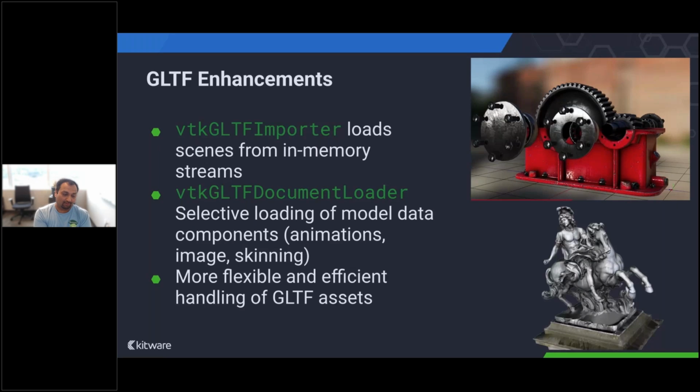You can directly load it from a memory stream, as well as you can now load parts of the data set. So say you have animations in your GLTF file, or you have some image textures or some skin material properties, all that can now be loaded in separate chunks, as well as toggled on or off depending on what you'd like to load in VTK. So that just makes it much more flexible.